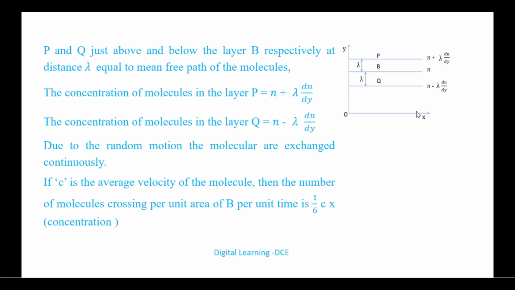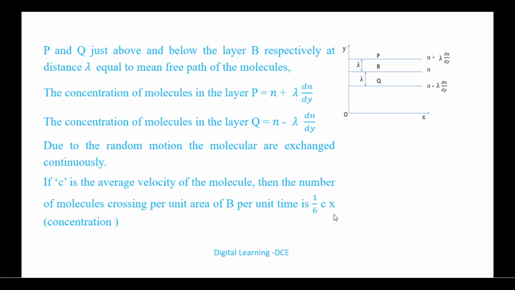Then, according to the kinetic theory of gases, gas molecules are in random motion, so molecular exchange will take place continuously, and if c is the average velocity of the gas molecule, then the number of molecules crossing per unit area of layer B per unit time is equal to 1 by 6 into average velocity into concentration.